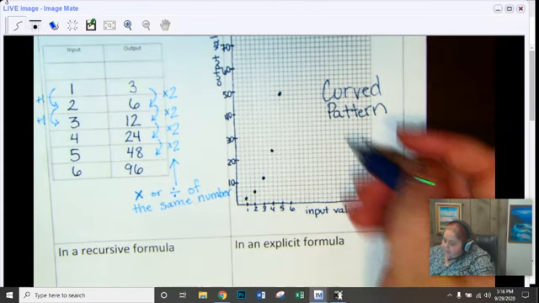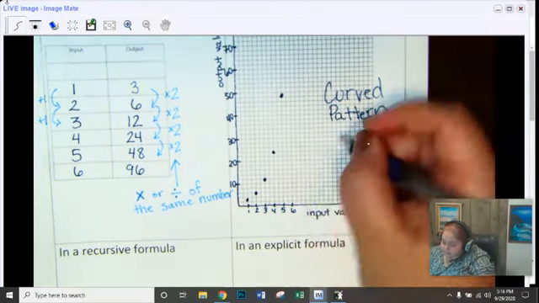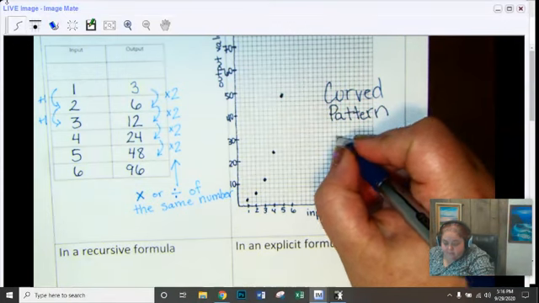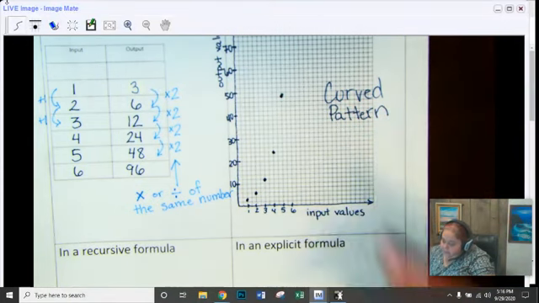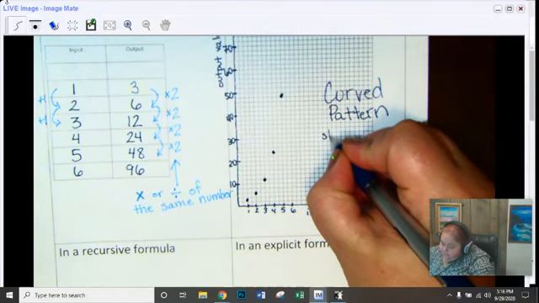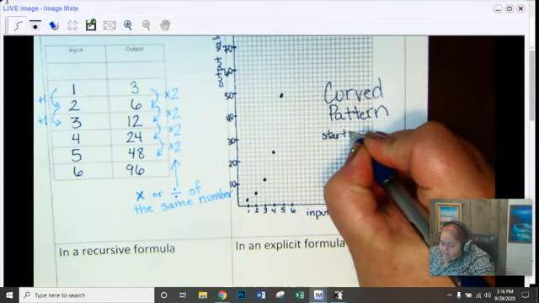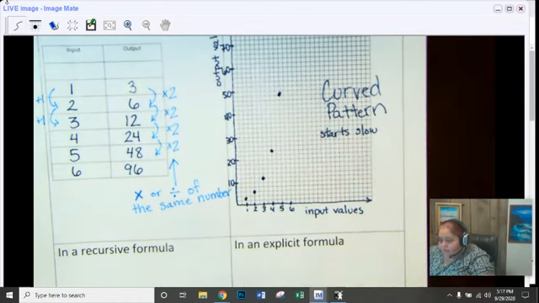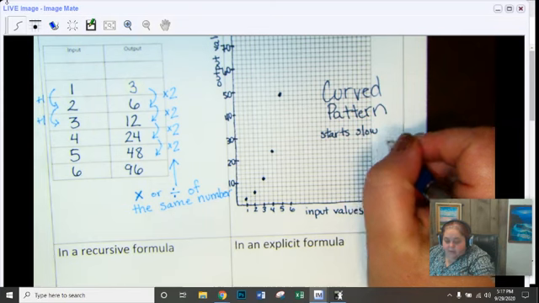And the reason why, so it either grows quickly, so it starts slow and shoots up and grows quickly, or it starts up high and then decreases quickly and then kind of tapers off onto the end. So that's the other way it might happen.